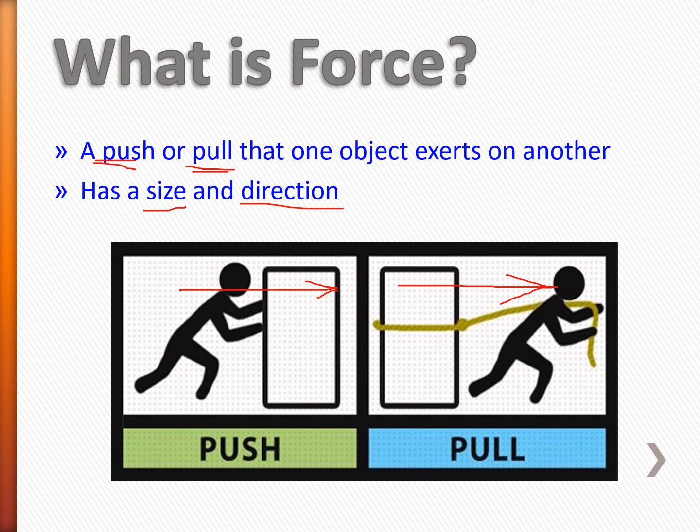We can measure the amount of force exerted by one object on another, and we also have a particular direction in which the force is moving. For example, we have an upward force, we have a downward force, and others. So that is force. It is a push and a pull.